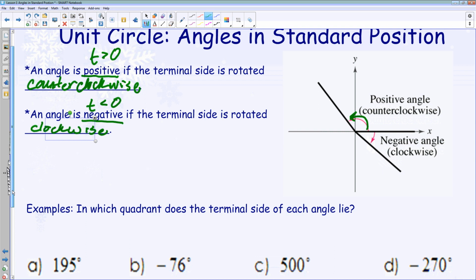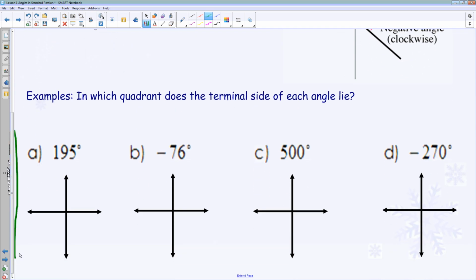So here's some examples for you to look at. I drew in an XY axis for each of mine. If I have 195 degrees, remember each quadrant is just 90 degrees. So 90, 180, and then a little bit further to get to 195. There is my angle, and I am in quadrant 3.